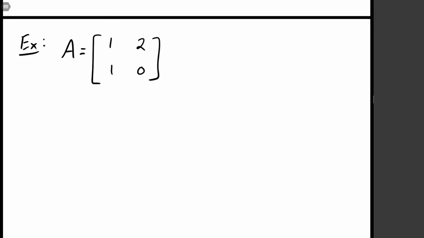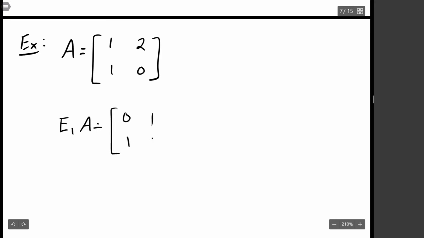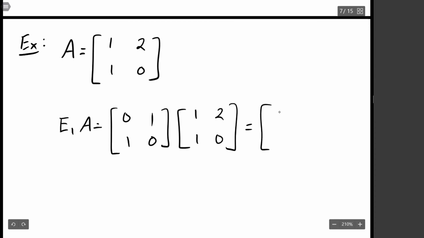So E1 times A is going to be, we're going to swap row 1 and row 2. All right, so if we swap row 1 and 2, that gives us this.